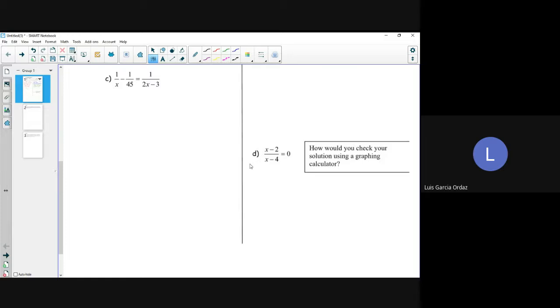So our next example, we have y is equal to x minus 2 over x minus 4. Let's start with our restrictions. What are our restrictions? X cannot be 4. Okay. And let's see if we have an x-intercept.